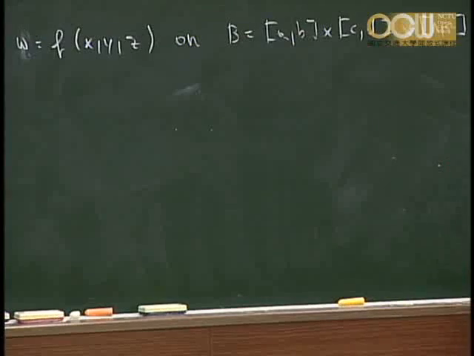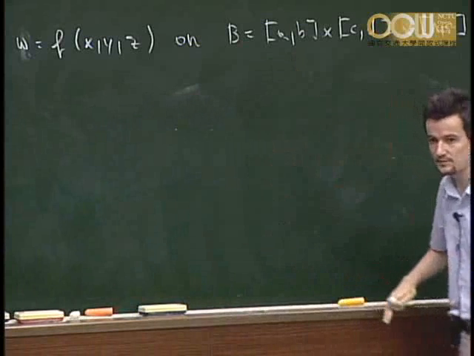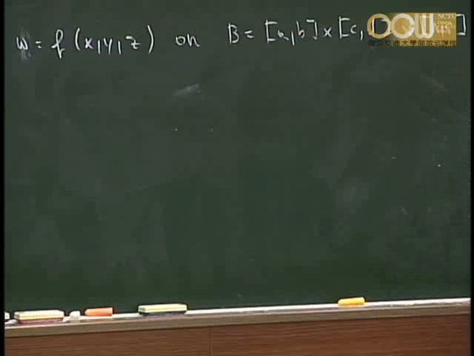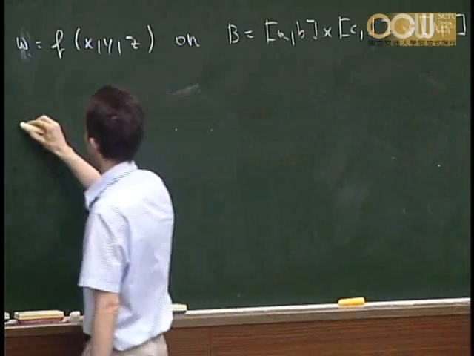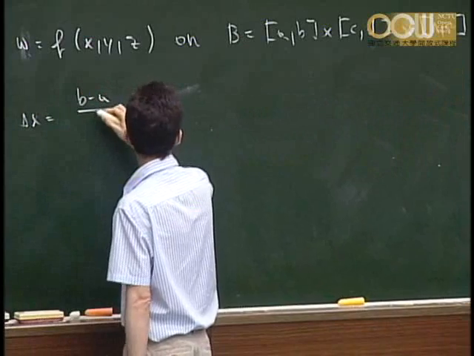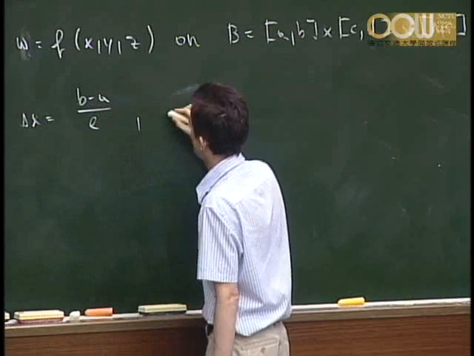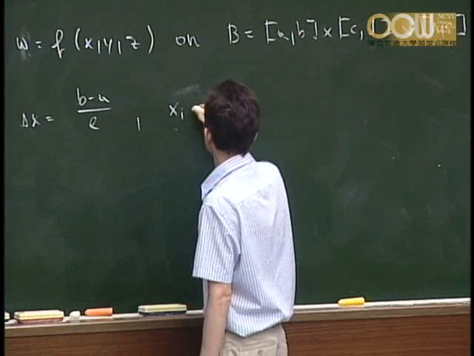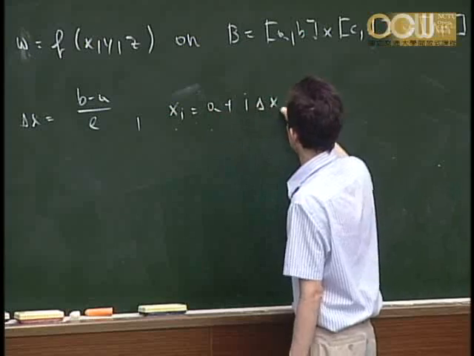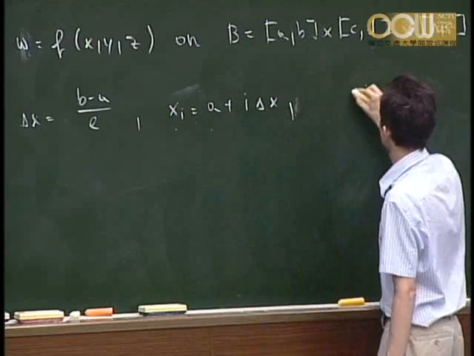Let's say we divide this interval into L subintervals, this interval into N subintervals, and this interval into M subintervals. So we choose delta x, which is (b minus a) over L, and then we define x_i, which is a plus i times delta x. So this will be the subdivision of this interval.